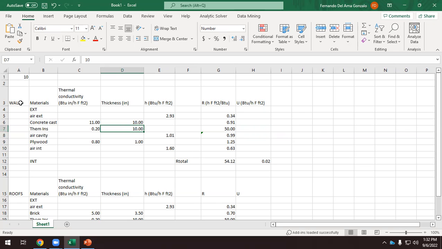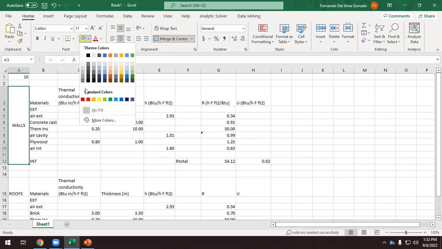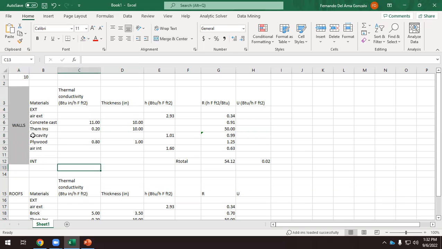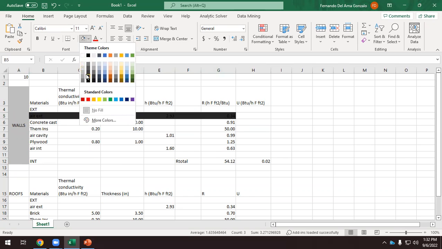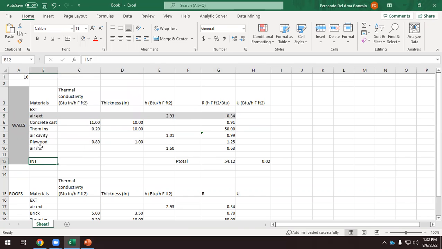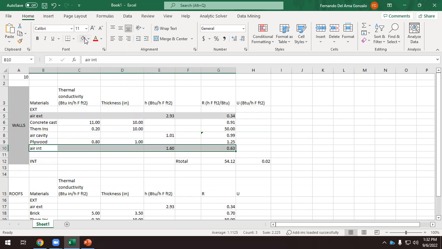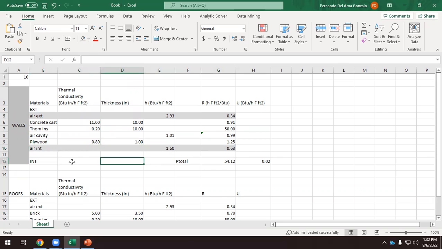Then we can make it nicer. I don't know if you can work with Excel. We can always merge. We can center things. We can use different colors. If you want to make sure that this is an air layer and it's something different, you can do something like this, so that when you are in this row, you have to do something different.